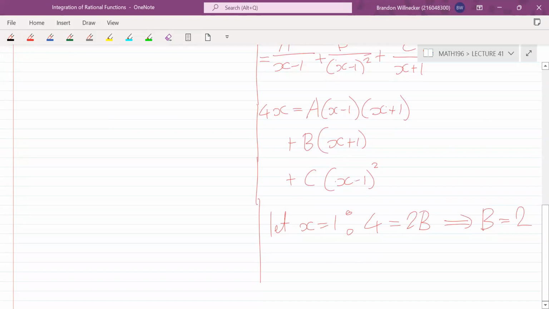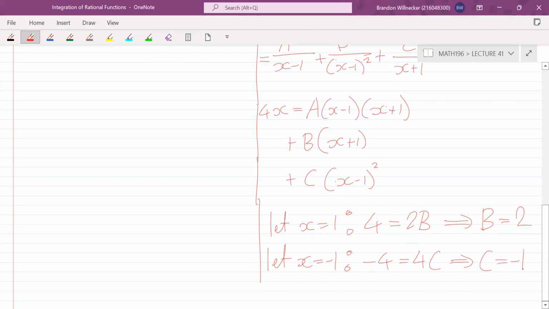Next, we can let x be minus 1. Now, if x is minus 1, the a term vanishes and the b term also vanishes, and we're just left with the c term. So we're going to have minus 4 is equal to 4 times c. So in this case, c is equal to minus 1.